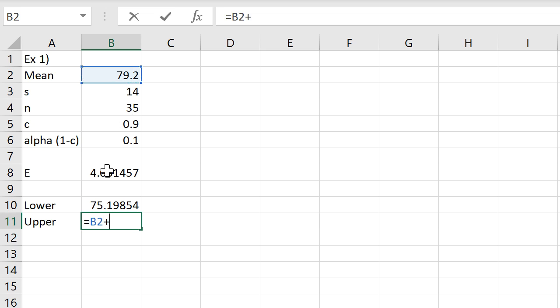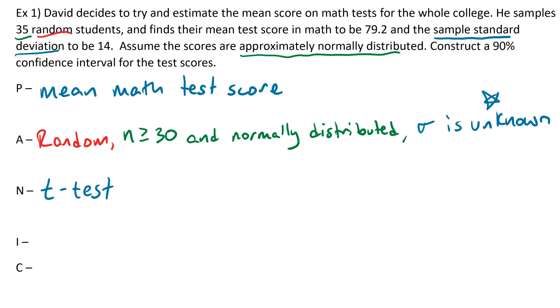And then plus our E will get us our upper bound. So back over to the notes, we had that our interval was 75.20, if we round it to 2 decimal places, all the way to 83.20.